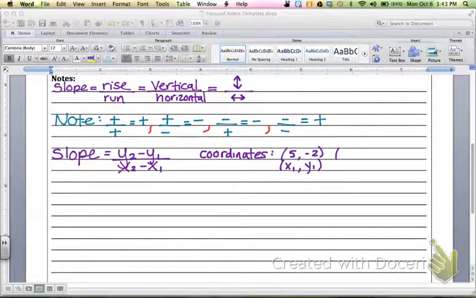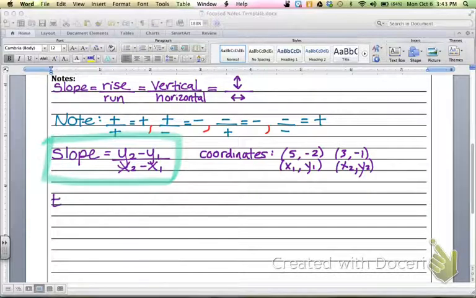And you might have something like 3, negative 1, and that would be x2, y2. So x always comes first and y always comes second. It's alphabetical. And we can do an example together over here. First of all, let's put a big old highlighter on this because this is really, really important. So go ahead and highlight that, put a big old box. You're going to need to know that for sure.